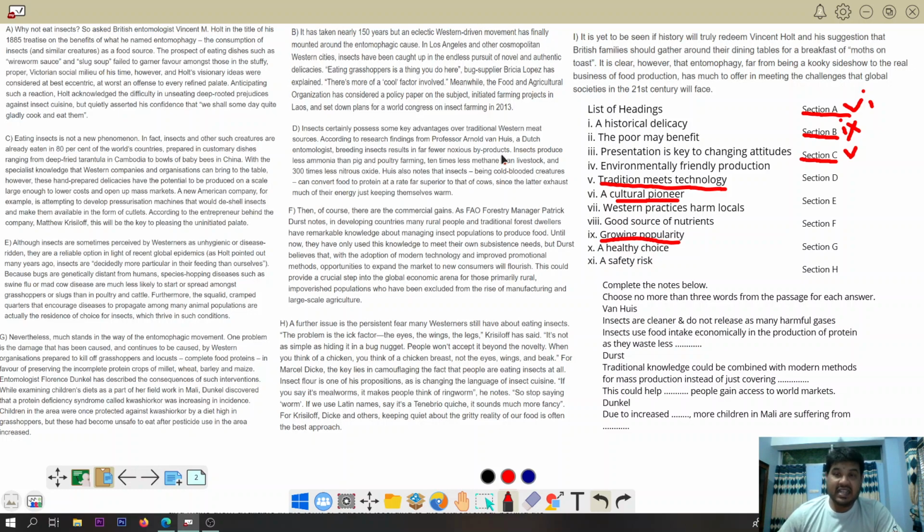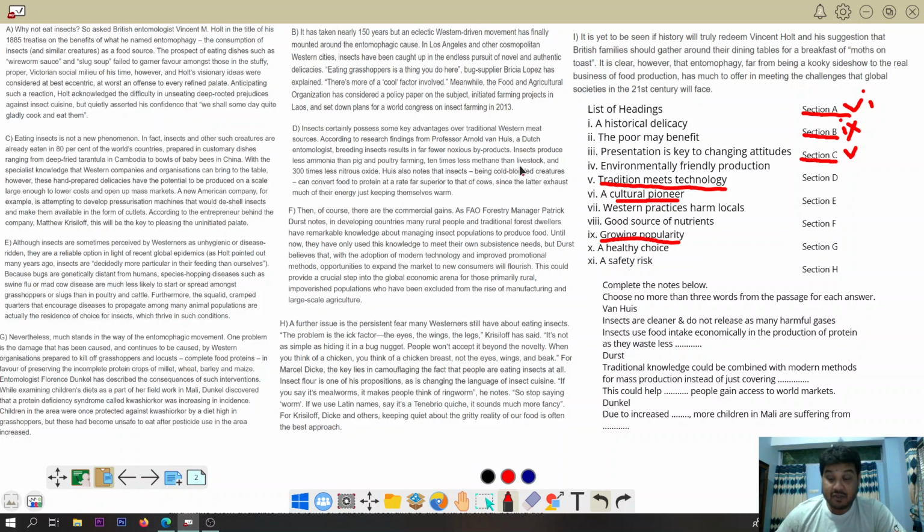Right in the first one or two lines, it is pretty evident that they're talking about something related to the environment, because it talks about noxious byproducts.